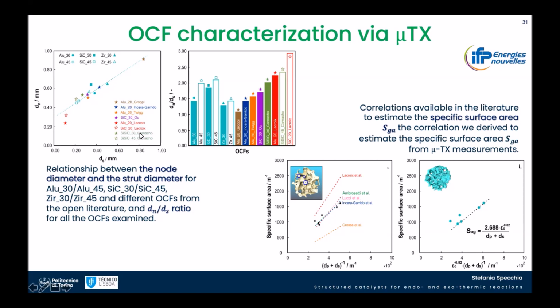But all of them are used for some specific alumina or SiC, and for example, we didn't find any correlation for the zirconia foams. And also here you can see the ratio between the diameter of the node and the diameter of the strut for the foams. So our structures compared to the foams.